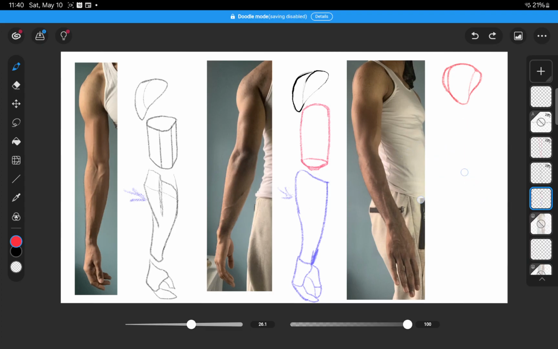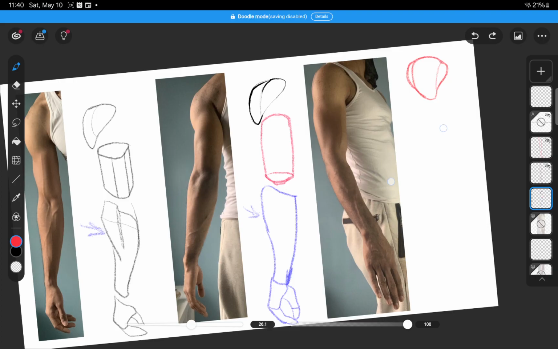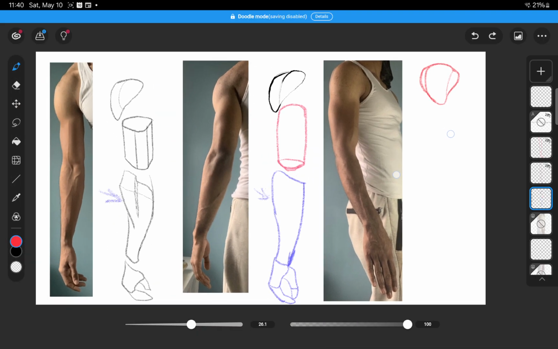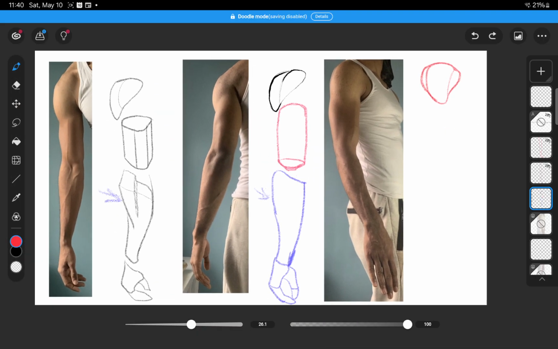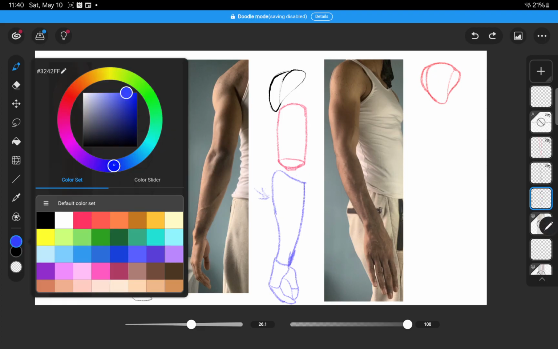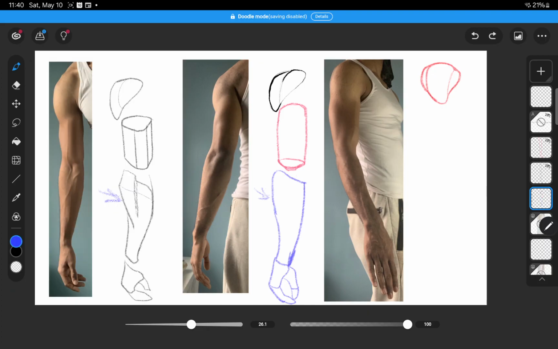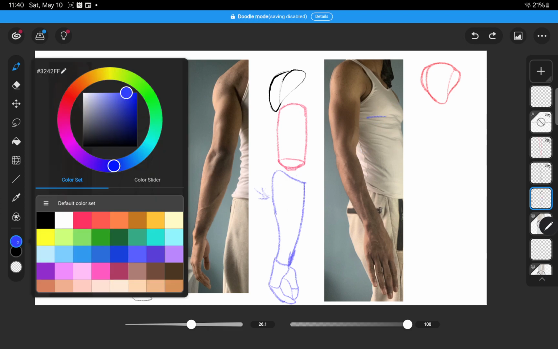But back to life and reality. No, back to the structure. Let's use a blue, sure. So for this section right here, the midsection, actually let me go back to red.